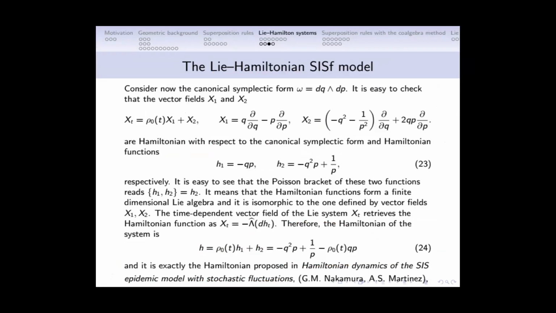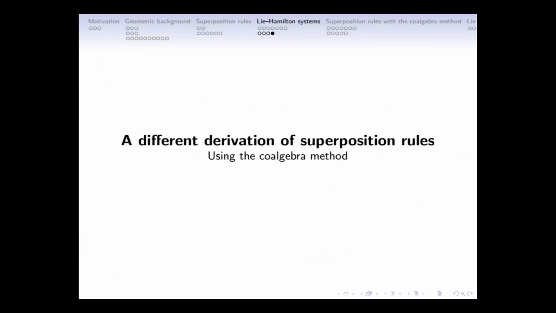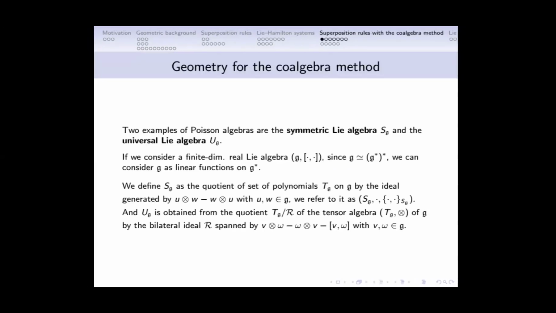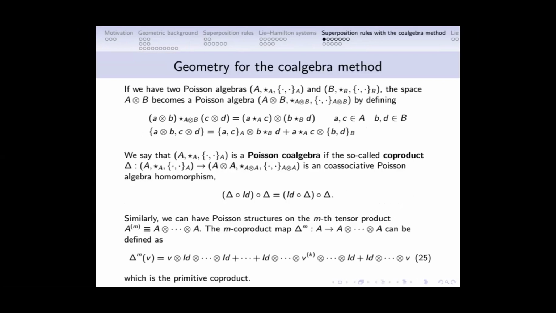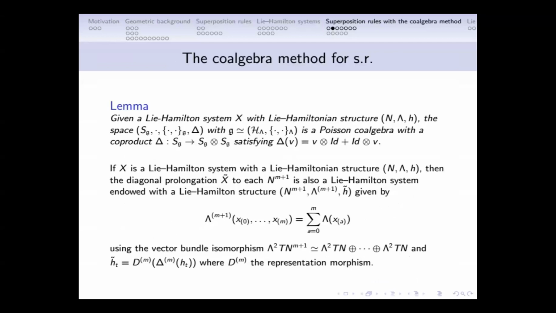And apart from that, it's late, so I won't mention it, but you can derive a superposition rule, which is the important thing, using what is called the coalgebra method. This is a long method, but you can take a look at the slides if you are interested. It's a method where you have to use coalgebras. So basically, it means the same thing as we were doing.